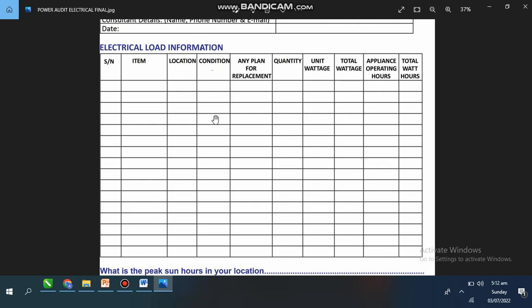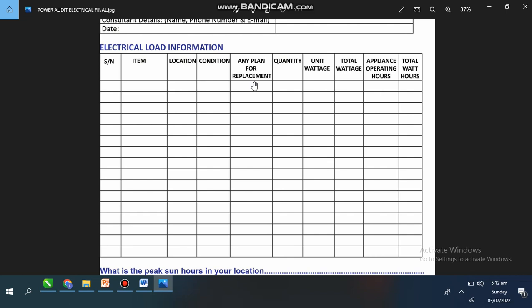The reason for this is you have to write this so that you know exactly whether the client will fix up that electrical load and still make use of it when you install the system. If he or she will not make use of that electrical load again, good and fine.